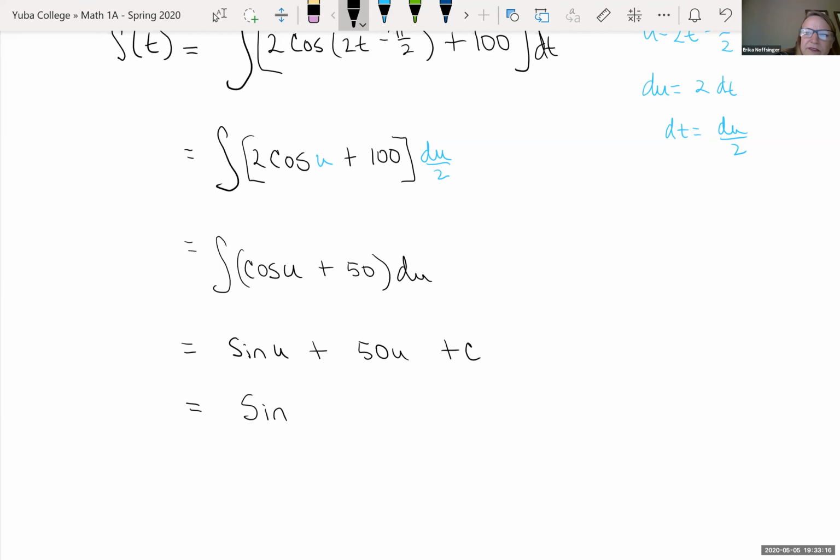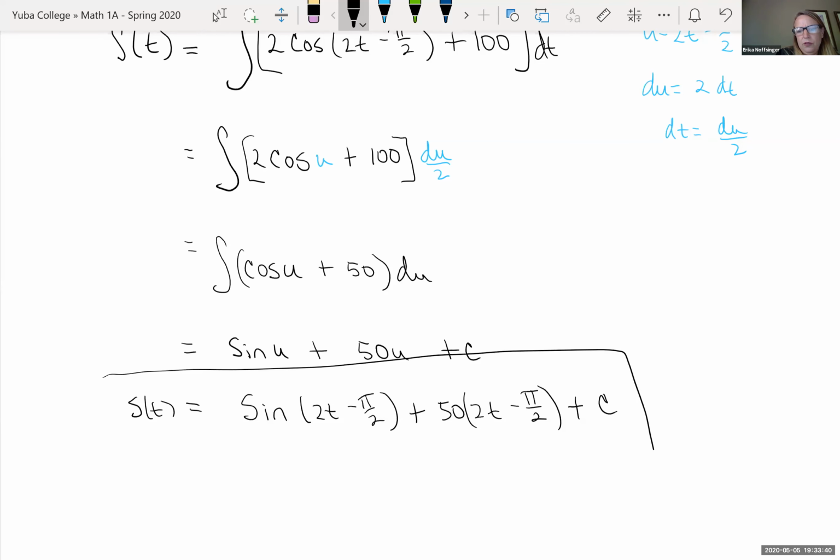But u was the 2t minus pi halves, so we get sine of 2t minus pi halves plus 50 times 2t minus pi halves plus c. This is our original function s of t. I'm not done though. We need to find c.